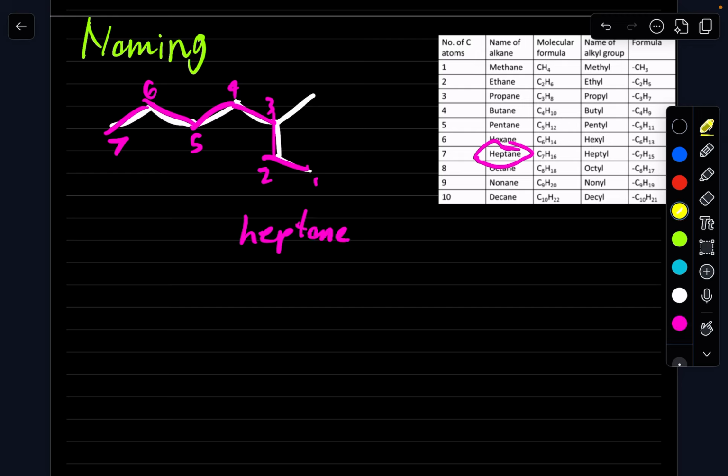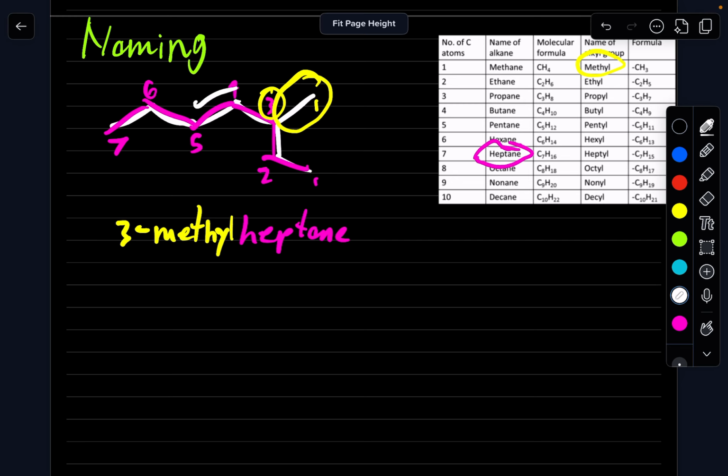But we also have a substituent here, which is basically just something that sticks out of the main chain but isn't actually part of it. And that one has 1 carbon atom, so it is a methyl group. And also, this methyl group is on carbon number 3, so we would call it 3-methylheptane. And let's say there was a double bond right here, or let's put it right here.